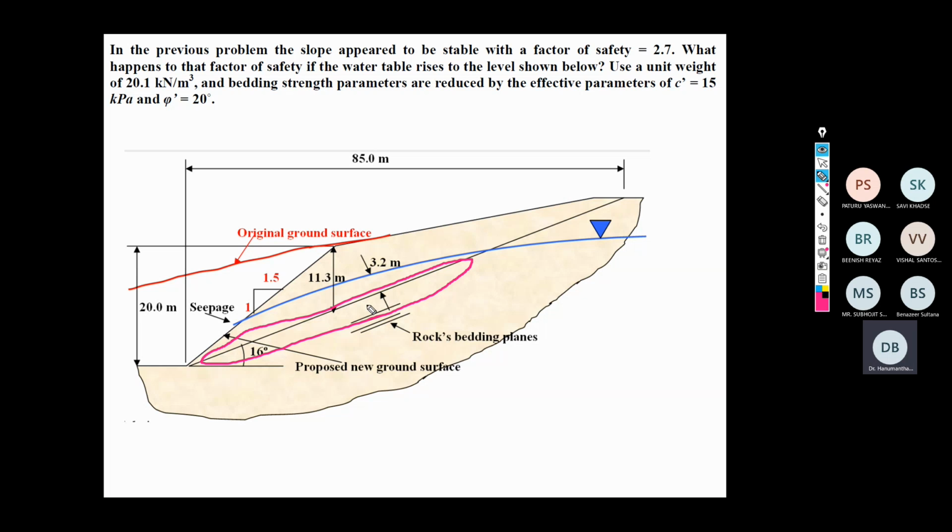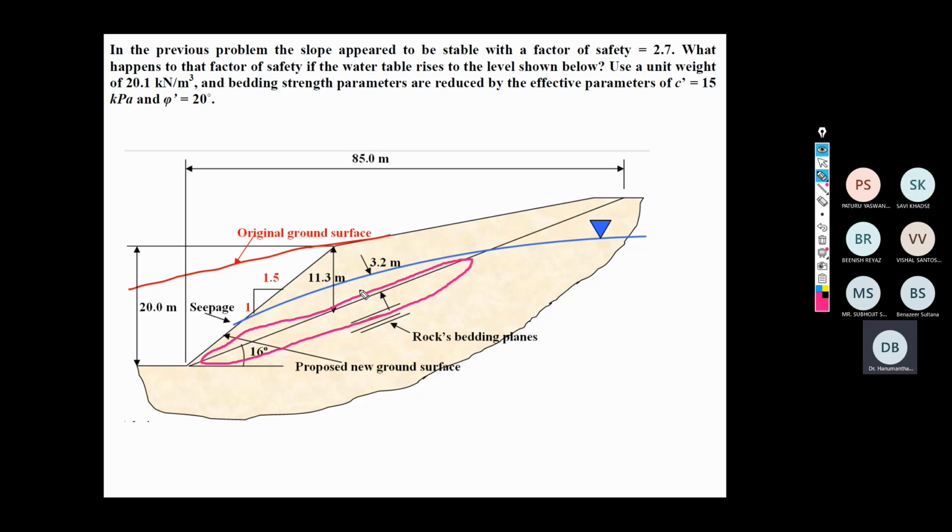Whenever there is steady state seepage, this seepage force acts against the shear strength direction. So the developing shear strength must counteract not only the normal component of the weight of the soil, it also should counteract the seepage force.